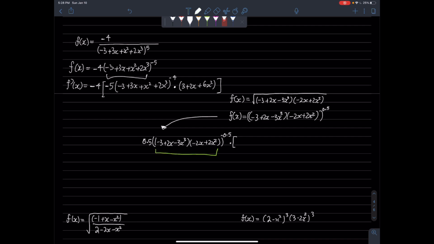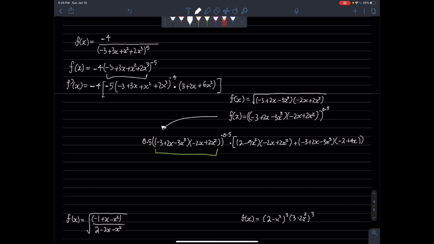And so for that, we just use a product rule, right? So the derivative of the first one, 2 minus 9x squared, times negative 2x plus 2x squared, plus, now we just rewrite the first part. It's 2x minus 3x cubed, times the derivative of the second part, negative 2 plus 4x.